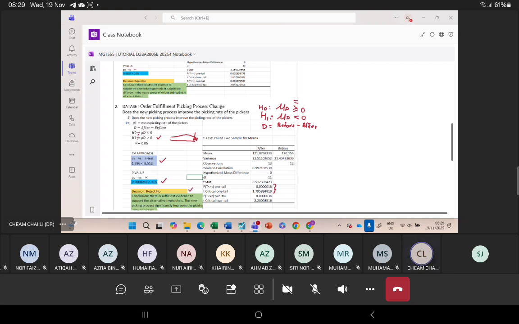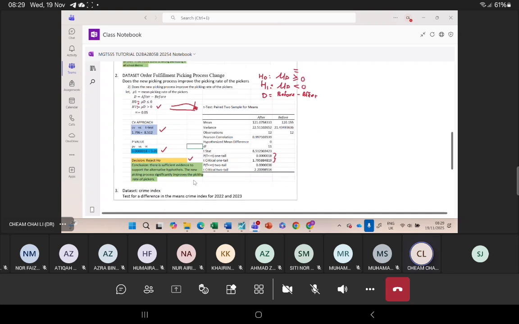And this is also the same. So there is sufficient evidence to support the alternative hypothesis: the new picking process significantly improves the picking rate of the pickers. So this is correct.